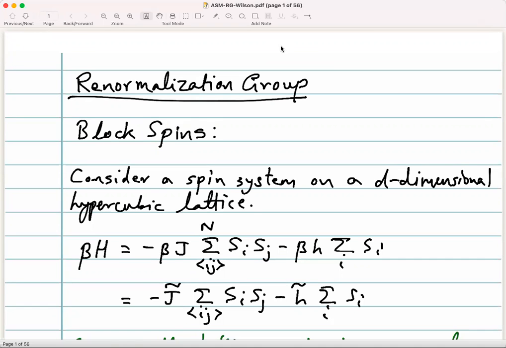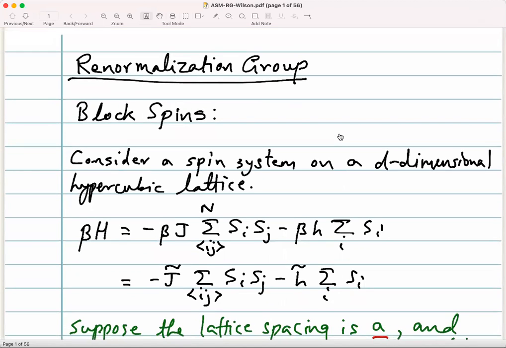Okay, so we'll start our discussion of renormalization group today. Let me say right in the beginning that whatever we will do, like the way we did it earlier, is not exactly the right thing to do, but a method which will tell you how one goes about doing a transformation of a particular kind, which is called a renormalization group transformation.